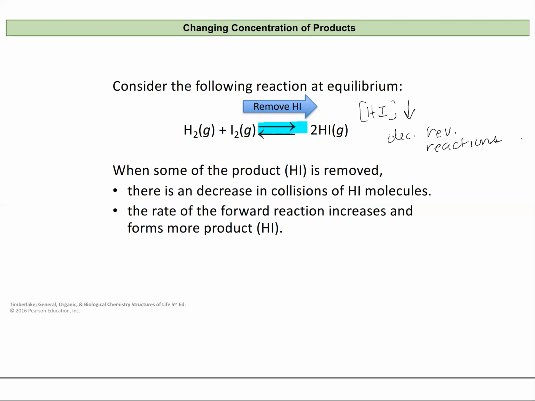And so that will decrease until we've built up a larger amount of products that will be able to maintain the earlier equilibrium rates. And so we'll say that this will shift to the right, or that it'll shift to form more products.